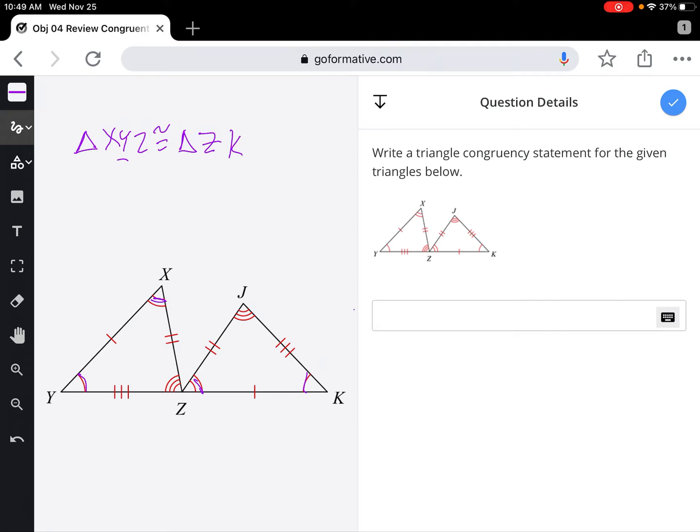And then the last one is, well, Z has 3 arcs, J has 3 arcs. Z has 3 arcs on the other triangle. And so any different combination of that is also going to be true. So you have triangle XYZ and ZKJ. You could also have triangle YZX is congruent to triangle KJZ.